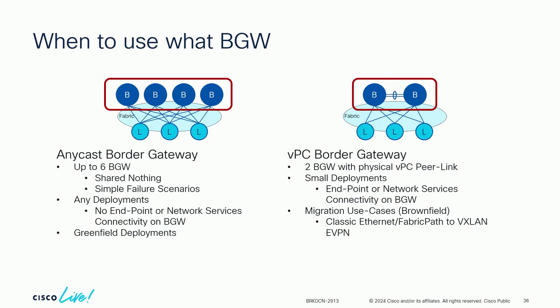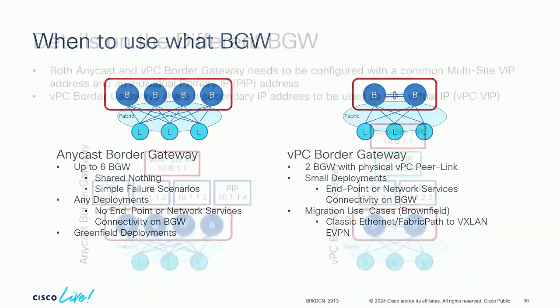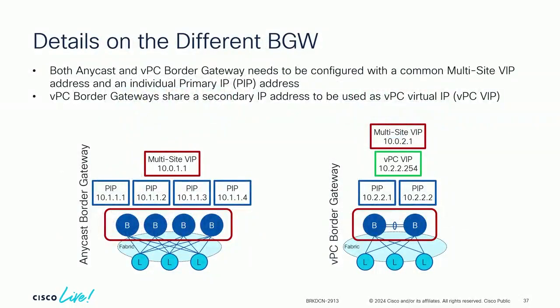When I go to the next slide, you see why they look slightly different from an implementation perspective. Next slide. Anycast border gateway, pretty clean. There is no link in between them. They talk to the route reflector inside of the fabric, and they talk to the other border gateways outside of the fabric, or an intermediate router.